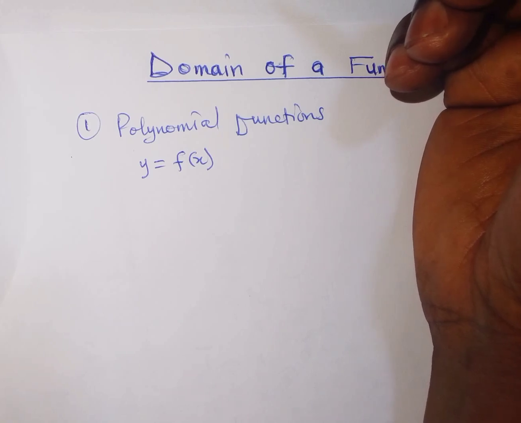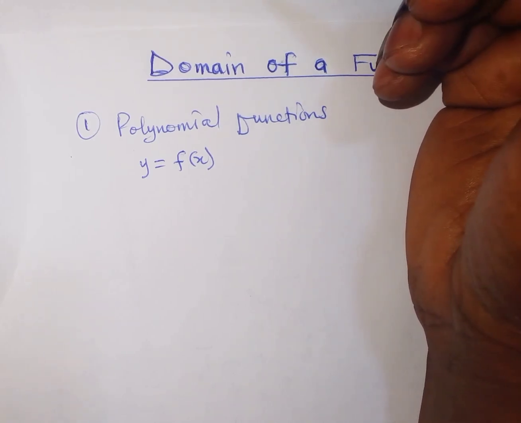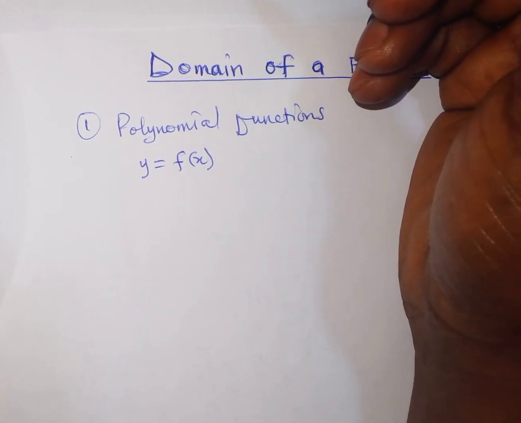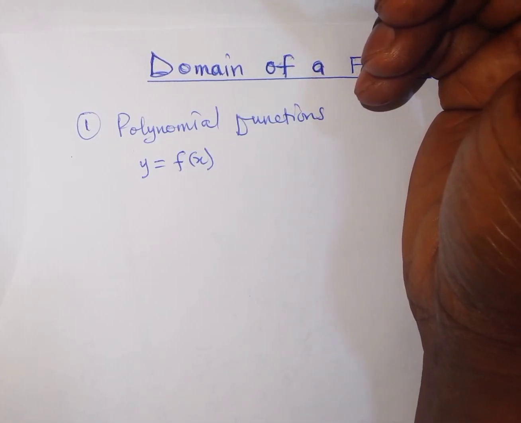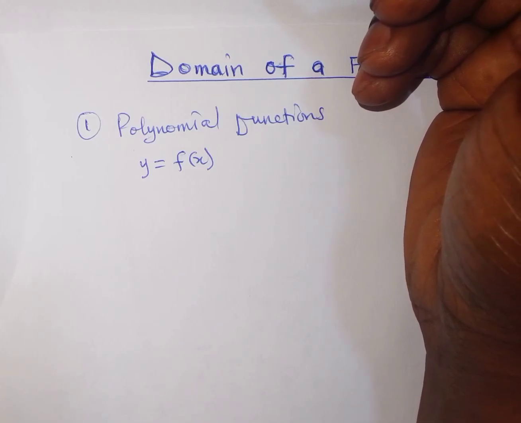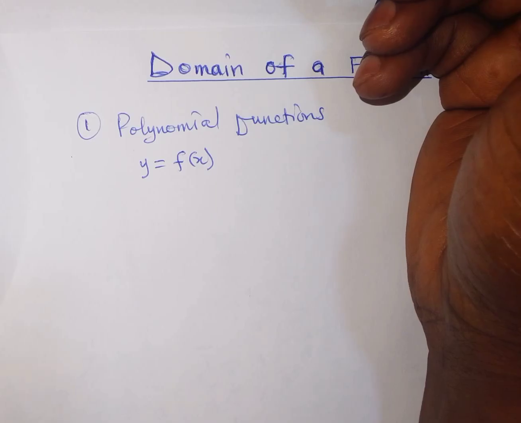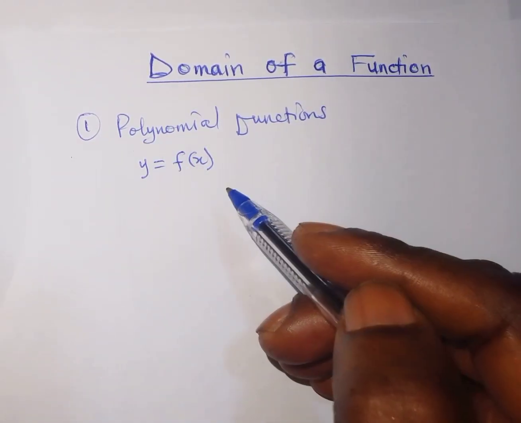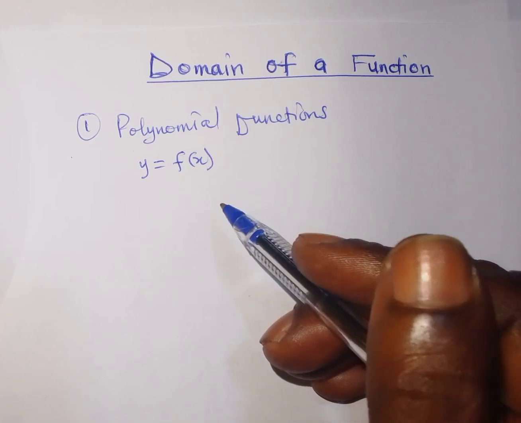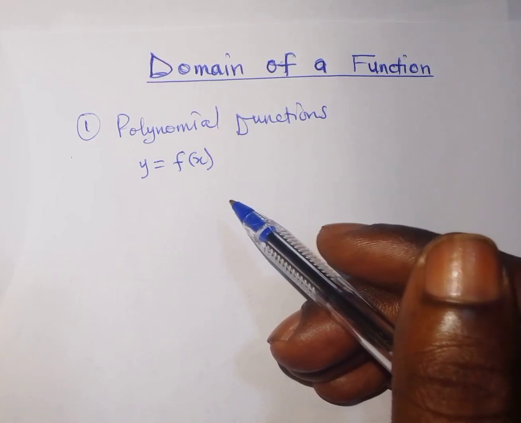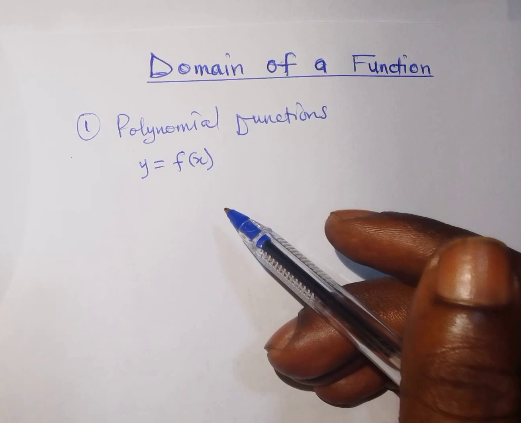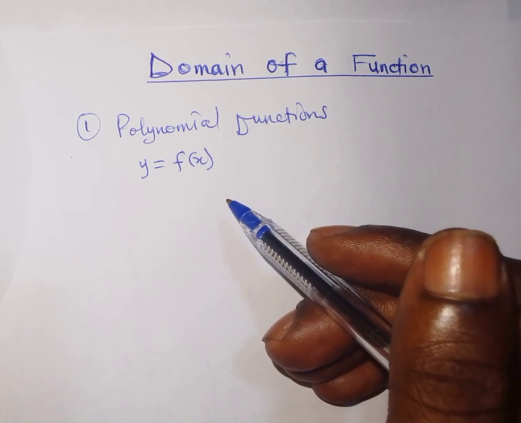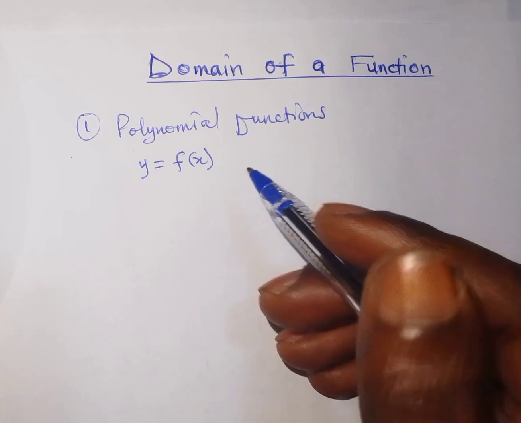They are the domain. So if we say find the domain of a polynomial function, it means that whenever you are given a polynomial function, every real number can make that polynomial function defined. So they become your domain.